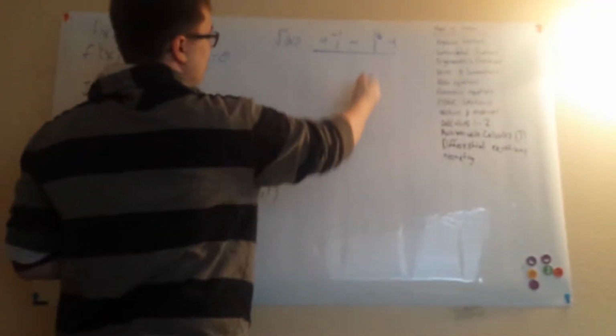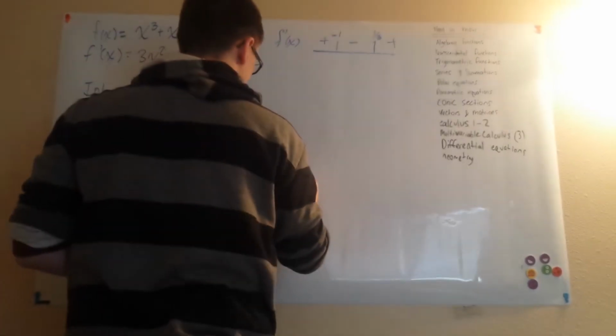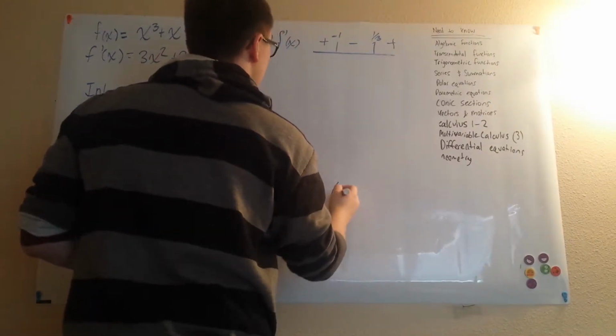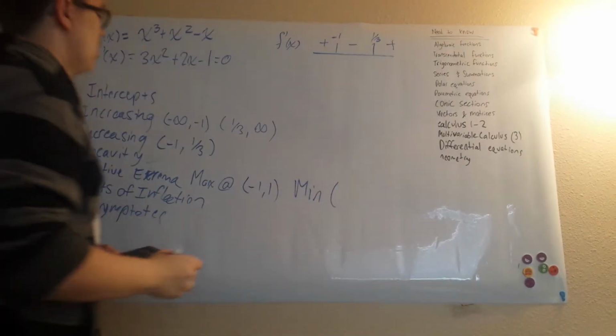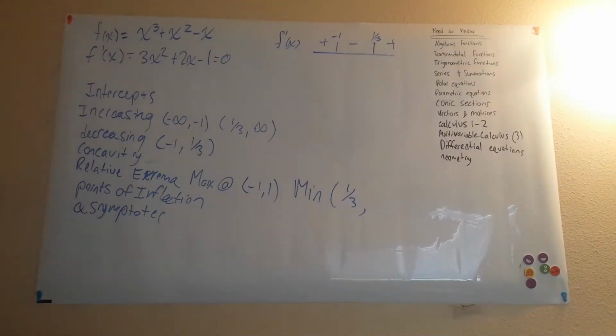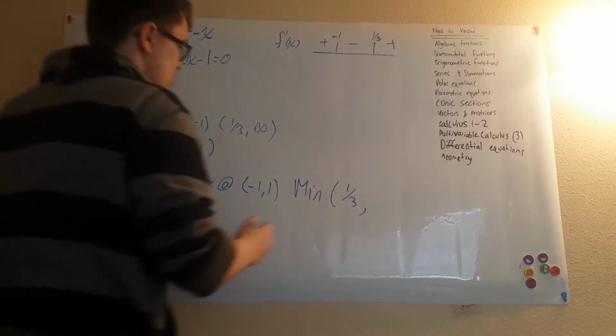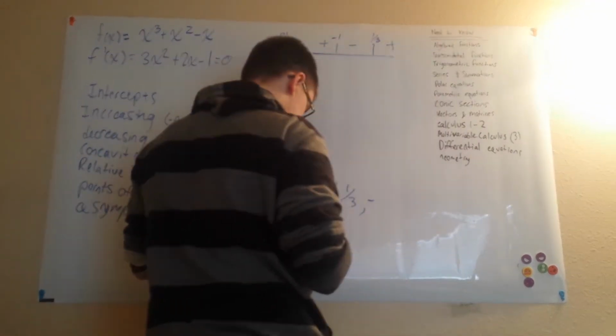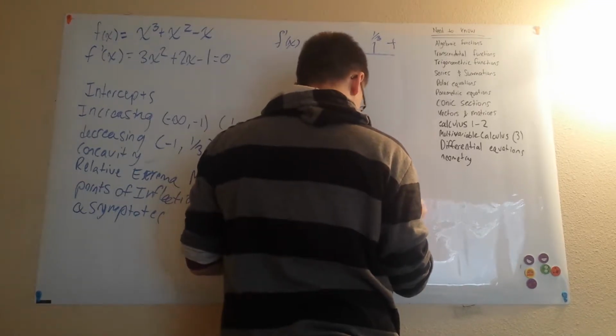From decreasing to increasing, that's a relative min, and we have that at 1/3. If we plug in 1/3, it's a little bit of a tougher one. We get, I'll put it into decimal form, negative 0.185.